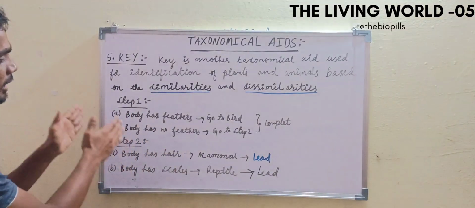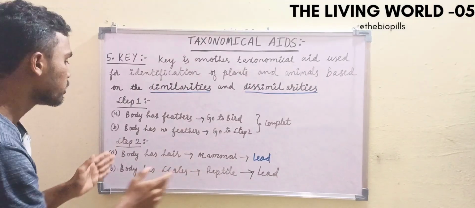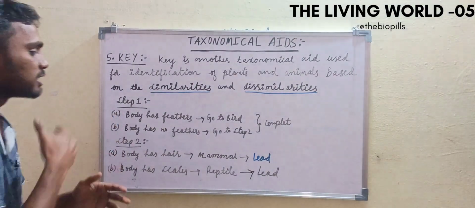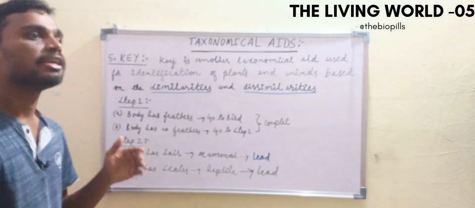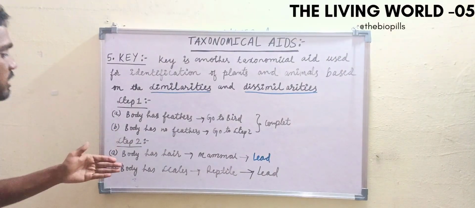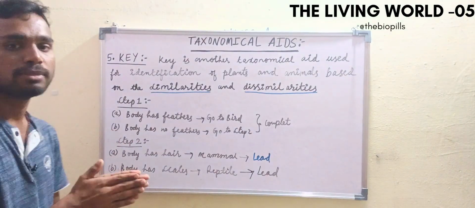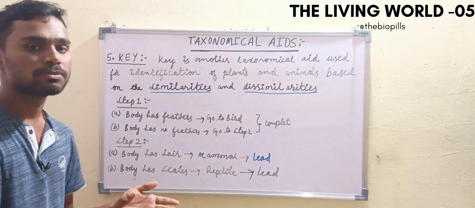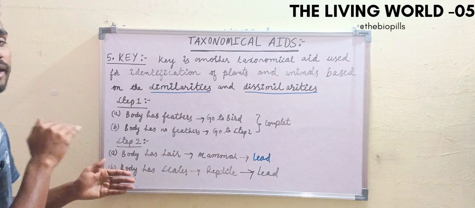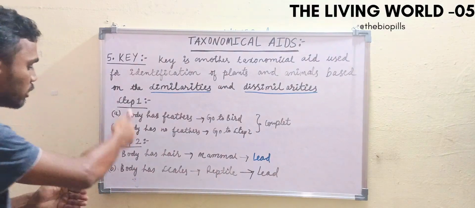A key is analytical in nature. This is also a very important point, because we analyze the characters. Body has feathers indicates this belongs to birds. Then we go to the next step. Body has no feathers means many organisms come under this identification, so we do not get an exact idea. That is why we go to step 2.